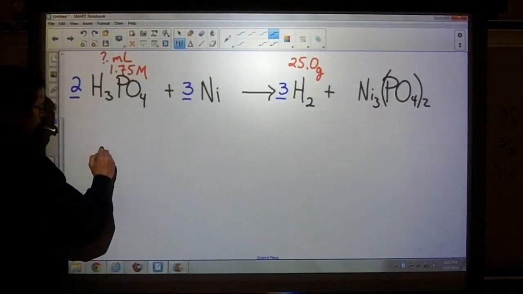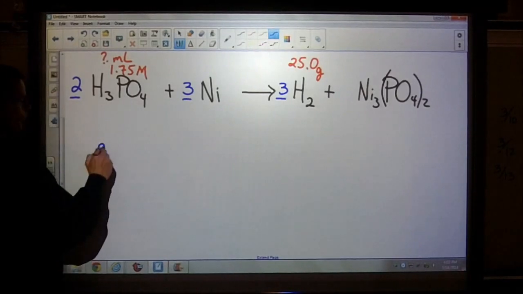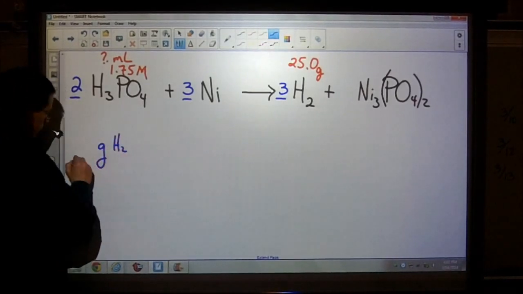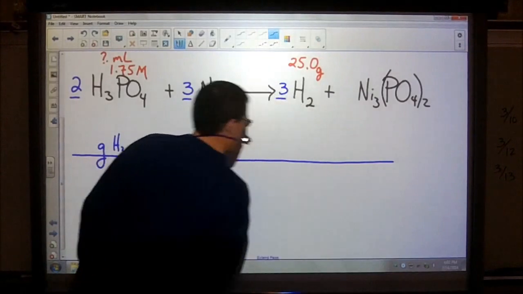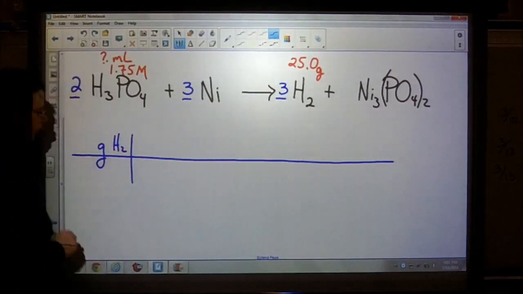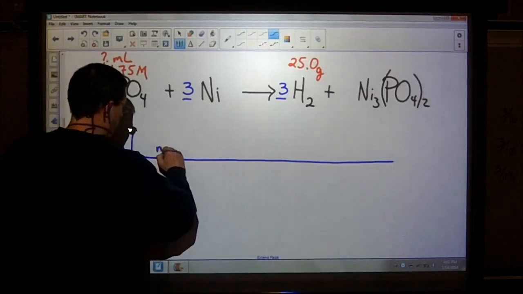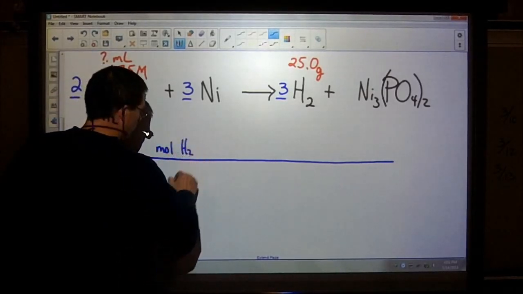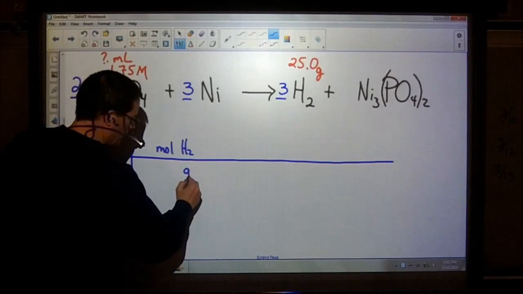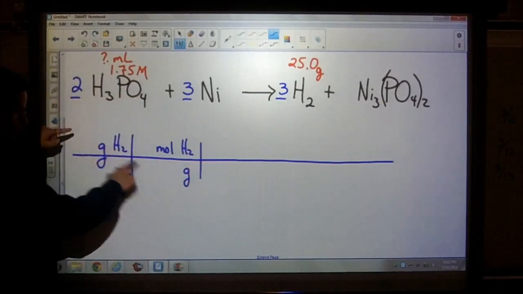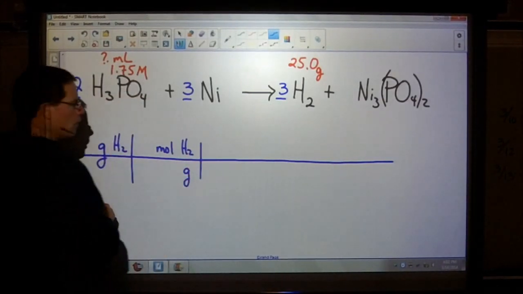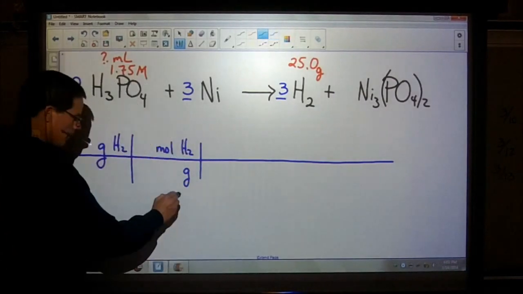So we will start off with our grams, and this will be of hydrogen. Okay. And we're going to convert the grams of hydrogen to moles of hydrogen. Very good. So we'll put moles of hydrogen, and then whatever the molar mass of hydrogen is. So that unit, grams of hydrogen, will cancel out.